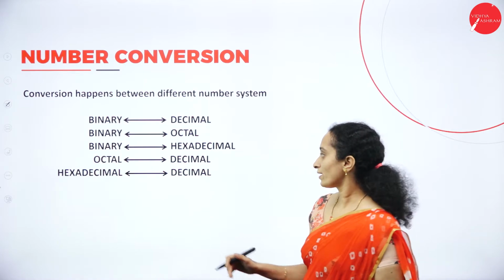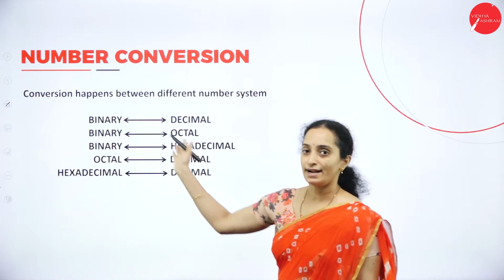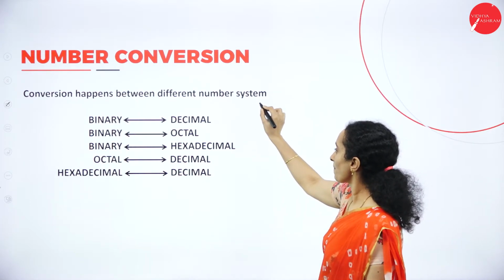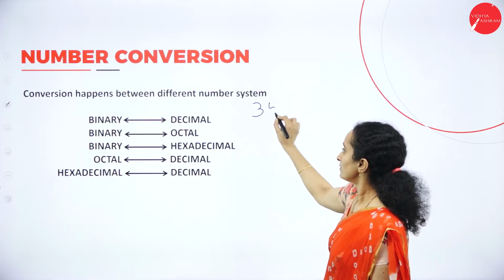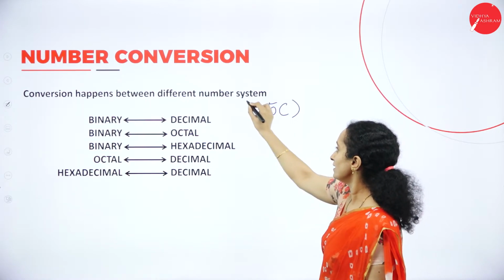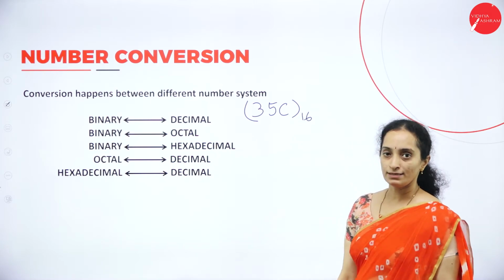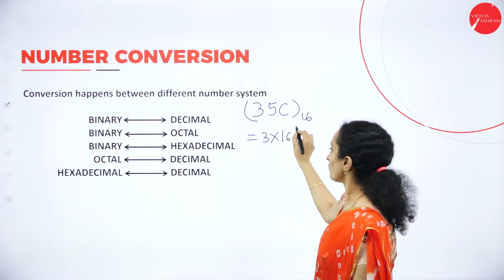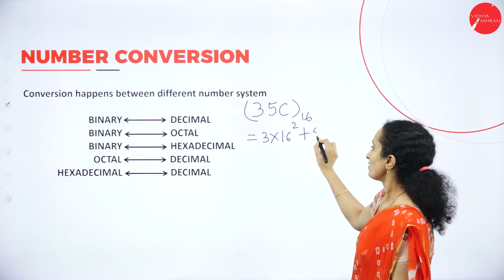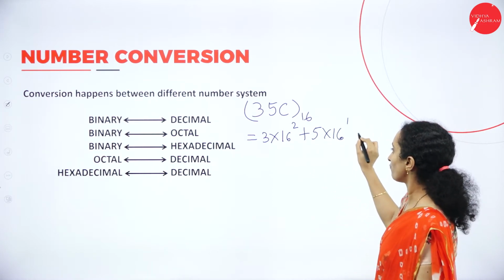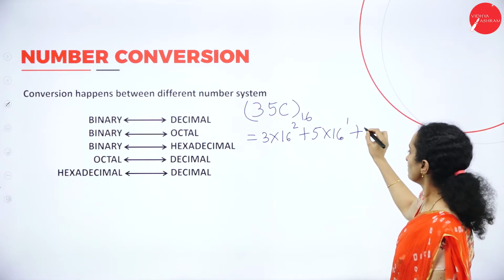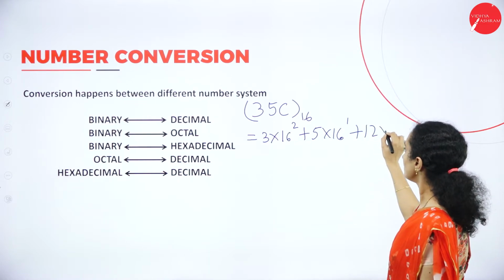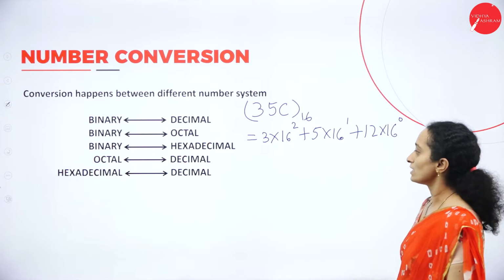Next is, how do you convert hexadecimal to decimal and decimal to hexadecimal? If you have hexadecimal, say 35C with base 16, how do you represent it? 3 into 16 to the power of 2 plus 5 into 16 to the power of 1 plus 12 into 16 to the power of 0.